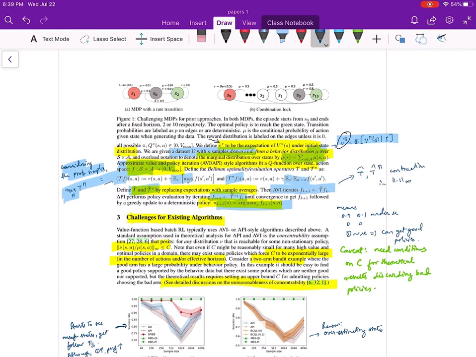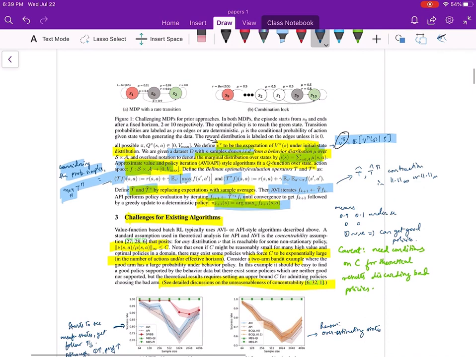Usually it is either the sup norm or the distribution norm on mu. If you are using Bertsekas's kind of proof, then you would get these things. If you are using Munos's line of work, then you would work with this.